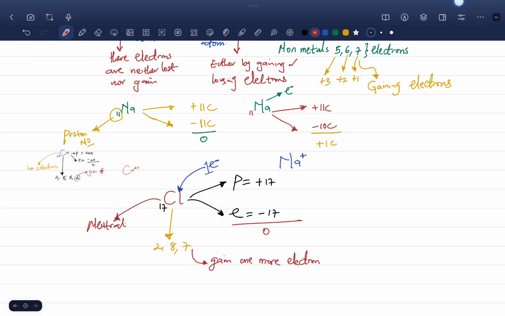And since chlorine is gaining 1 more electron, the new chlorine on the other end, which is the transformation of our chlorine, is still going to have the proton of plus 17.